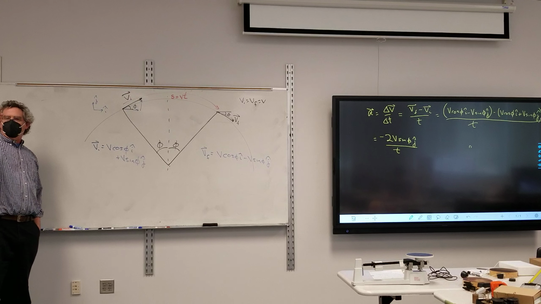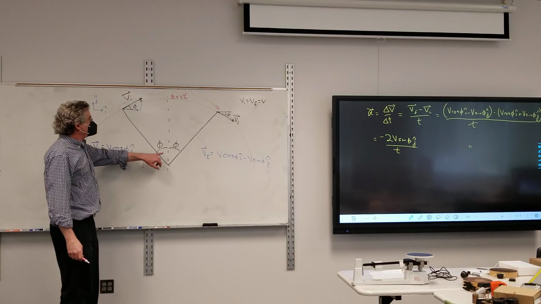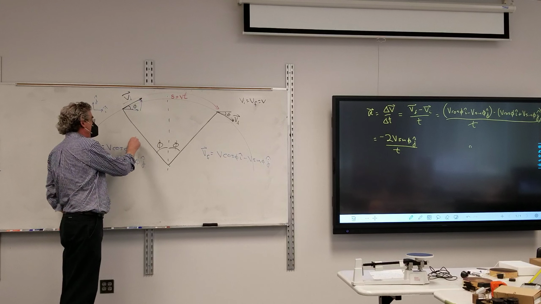Now I think into what we were heading towards. What's the relationship between this angle, the arc length, and the radius of this curve?